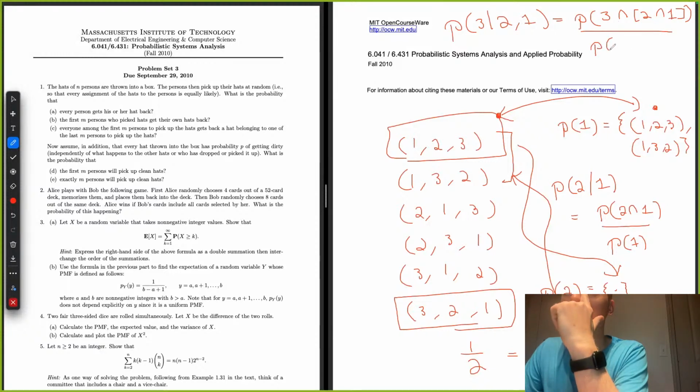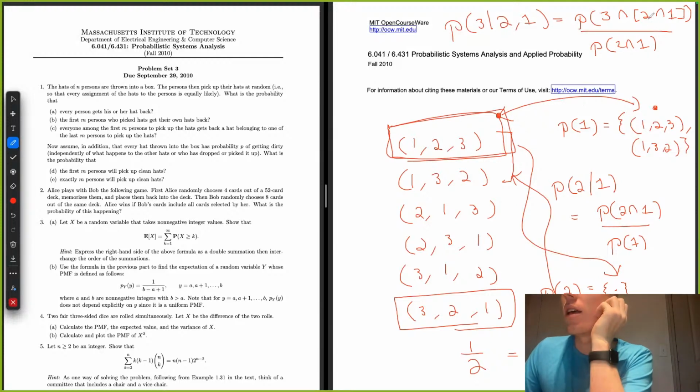Over the probability of 2 and 1. So 2 and 1 was just this. And the probability of 3 is equal to person 3 gets their hat back.